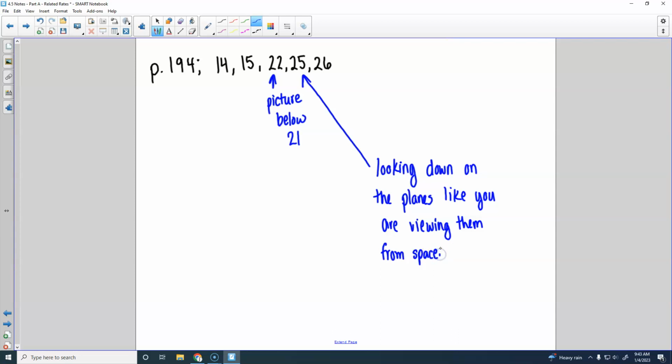That picture confuses students a lot, but it's like you are above the planes looking down as they fly. And let's see if I need to tell you anything about 26. And 26 is basically the problem we just did, but with a few little things changed about it.